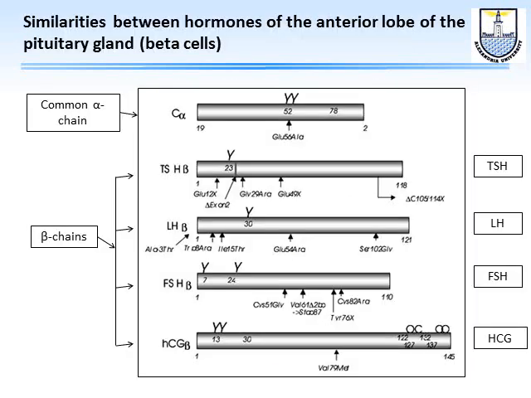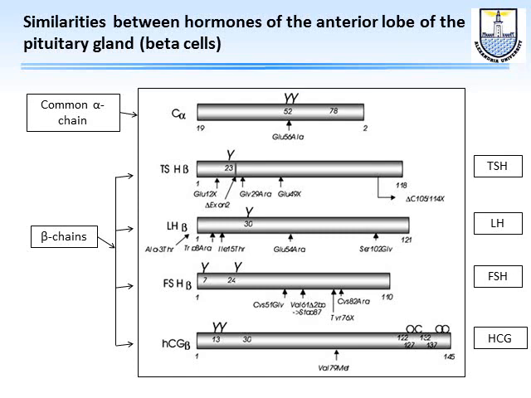We know that these four hormones, FSH, LH, TSH, and beta HCG, they all have a common alpha chain, which is the top of the picture. They are all glycoproteins, and each of them is formed of two chains, an alpha chain and a beta chain.